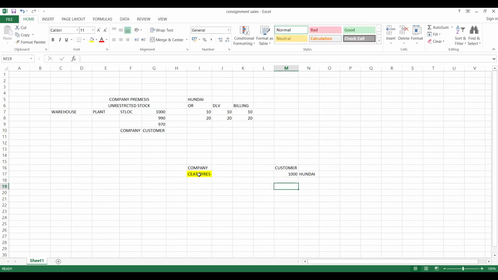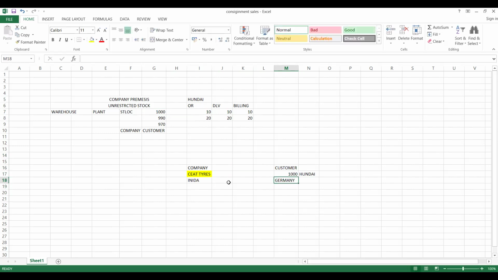When I place the stock, I'm not going to make any sale to this customer. I'm offering the sale. For example, this is located in India, and this is located in Germany.